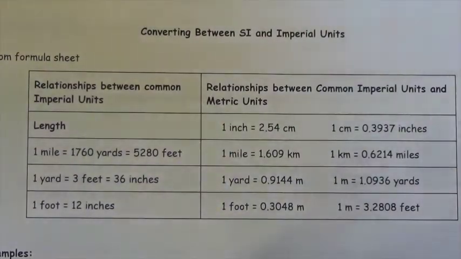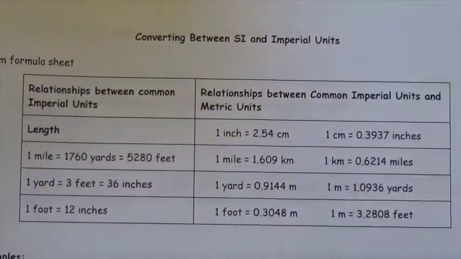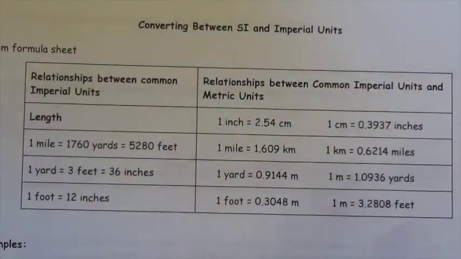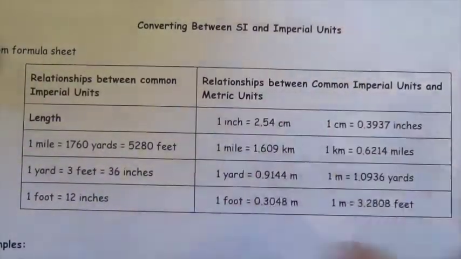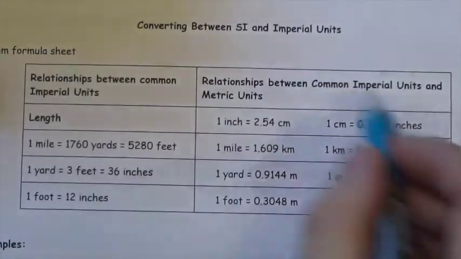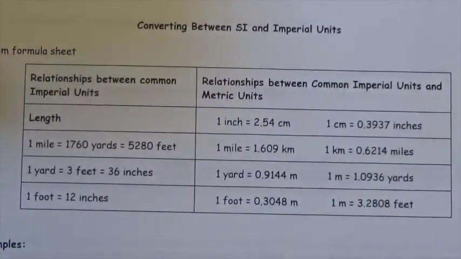However, our largest trading partner works in the imperial system, and as such, we need to be able to communicate with them. So it is useful to be able to convert not just within a system, but between systems. You're going to see the common conversion factors right here.